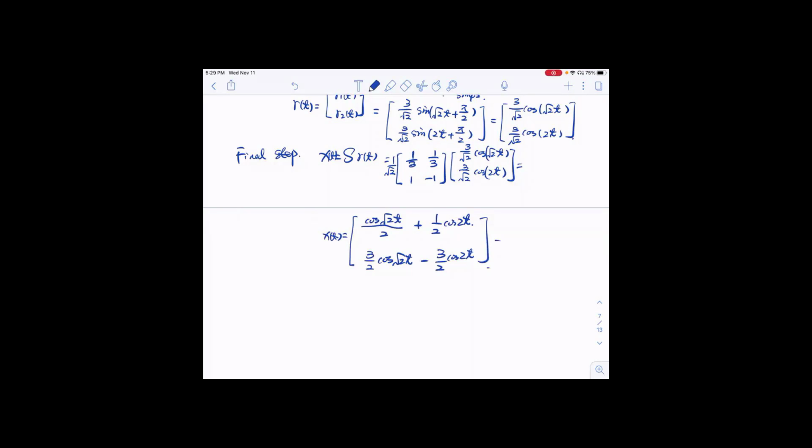So remember, the first row is the solution for x1. The second row is the solution for x2.